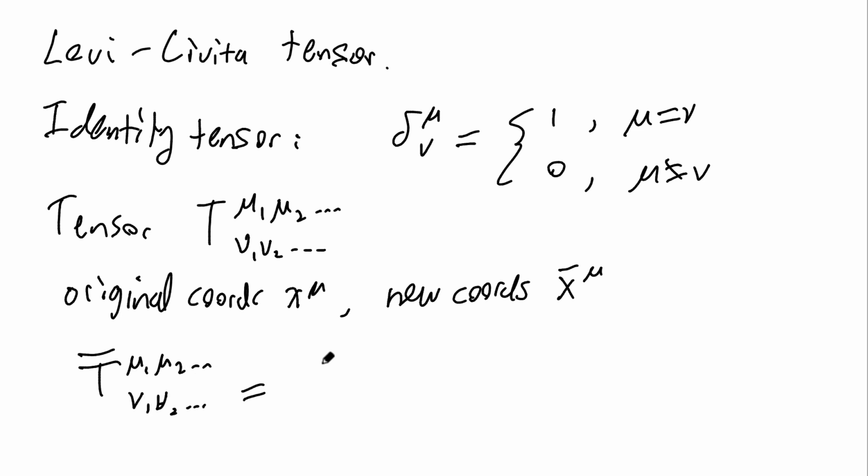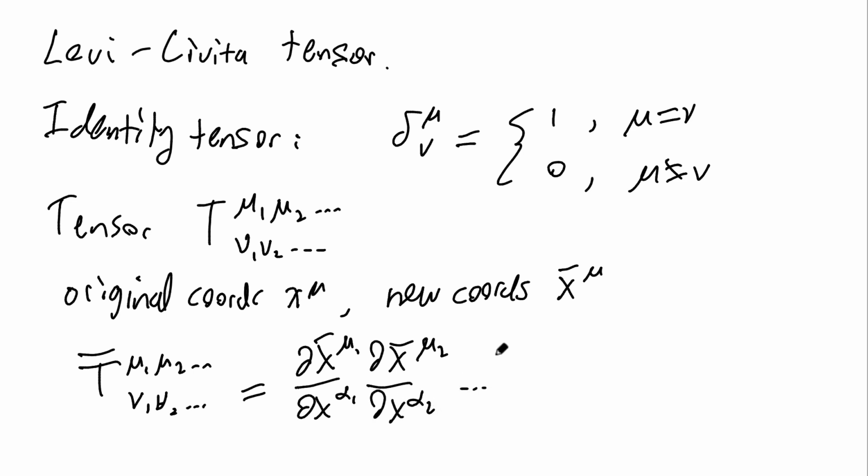Given by the following expression, we'll have factors of partial x bar with respect to x, and let me use an index, say alpha 1 here. We'll have, for each of these upper indices, partial x bar mu2 with respect to x alpha 2, and so forth. We'll have a series of factors for these lower indices.